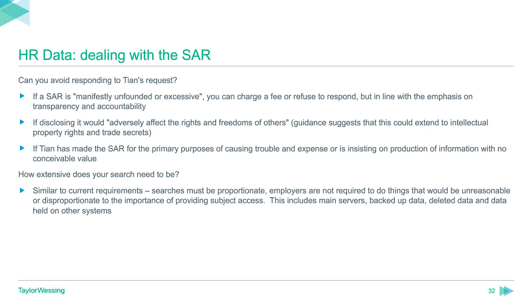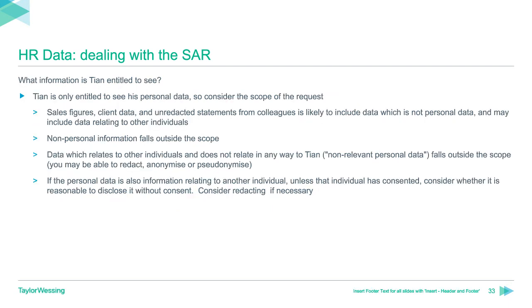When you look at a fairly extensive request, what information here do you think Tian is really entitled to see? What he is primarily entitled to see is his personal data. He's not entitled, under the Data Protection Act and the data protection legislation that's coming in, to see anything that isn't personal data. That might be something that's relevant to the employment dispute, but that's not the subject of the subject access request.